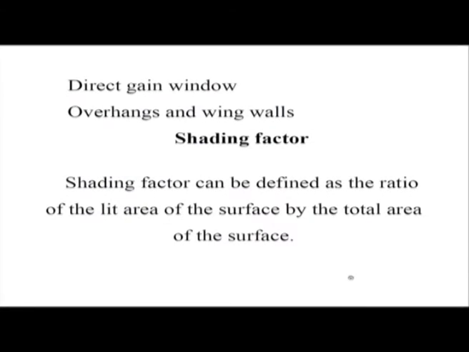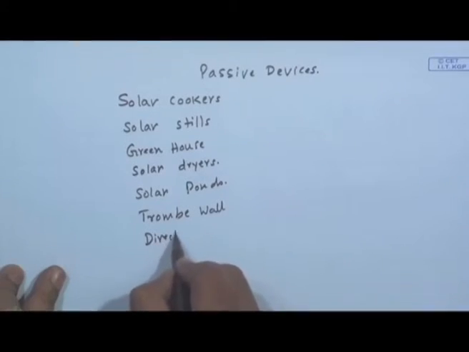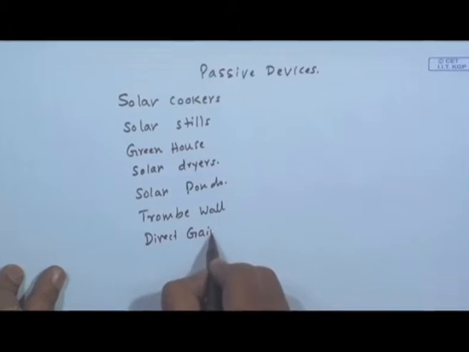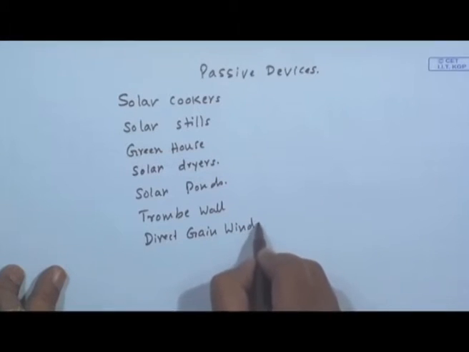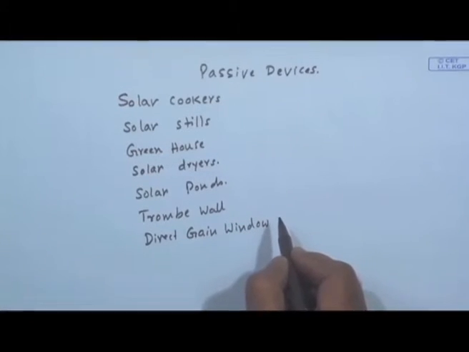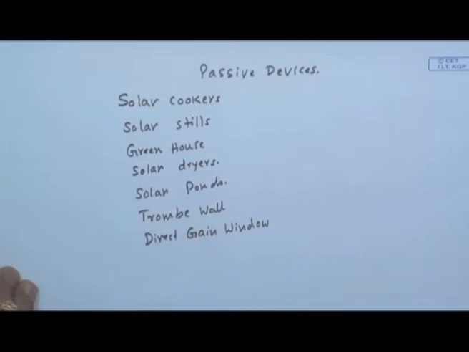A direct gain window, if you have colder locations, a south facing window in the northern hemisphere allows the sunlight in winter and does not allow as much in summer if there is a shade overhang. So, this can be used for passive heating of the rooms.